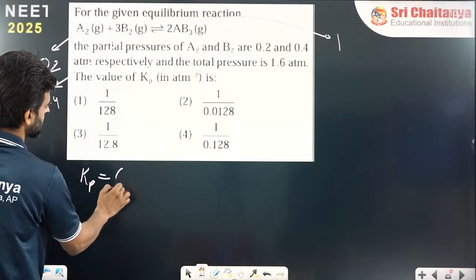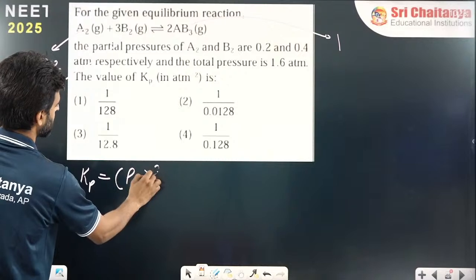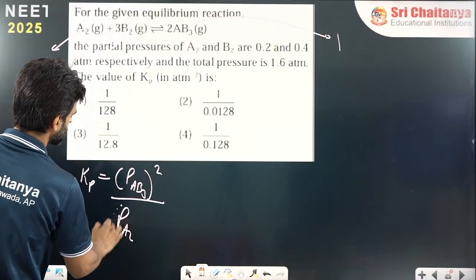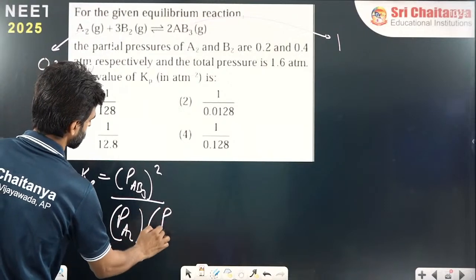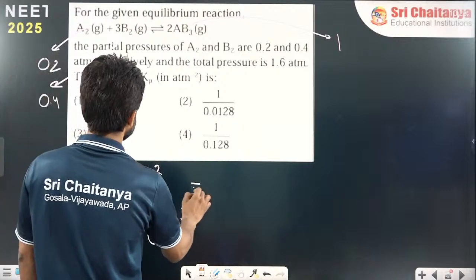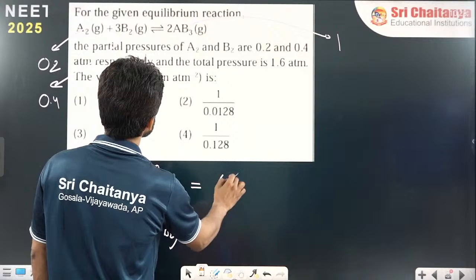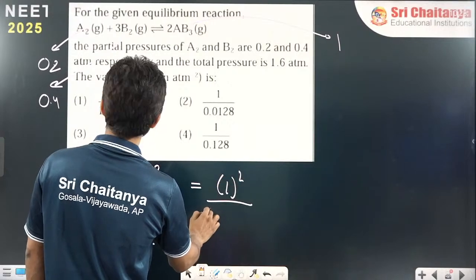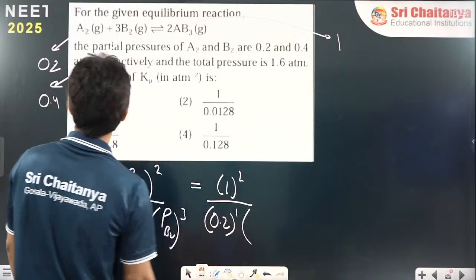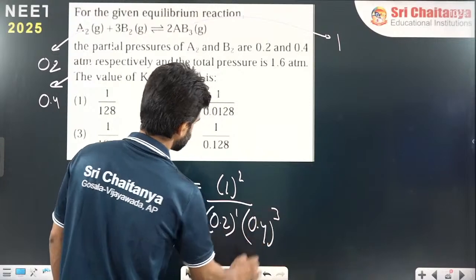Now you know the Kp expression. Kp expression is pressure of AB3 power 2 divided by pressure of A2 into pressure of B2 power cube, right? Pressure of AB3, we can see, was 1 square, divided by 0.2 power 1, and divided by 0.4 power cube.